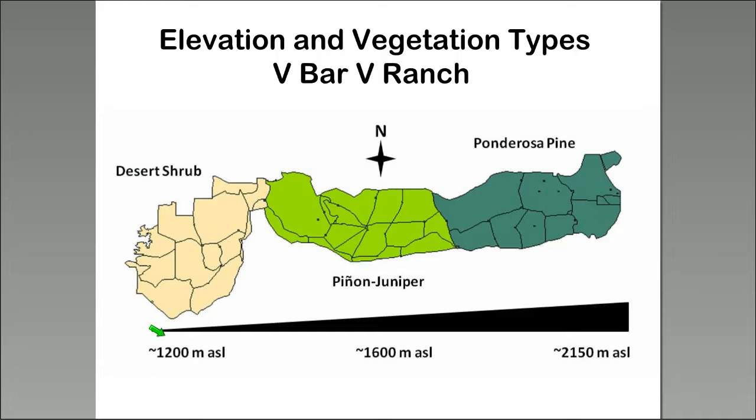We went from about 3,500 feet of elevation down on the desert end of the ranch to about a mile high, about 5,000 feet in the central pinyon juniper portion of the ranch, up into the ponderosa pines at about 6,500 to 7,000 feet. Now this is a very unusual shaped ranch, but it's primarily because we had about 1,000-foot-deep canyons on the south side and a similar canyon up on the north side.